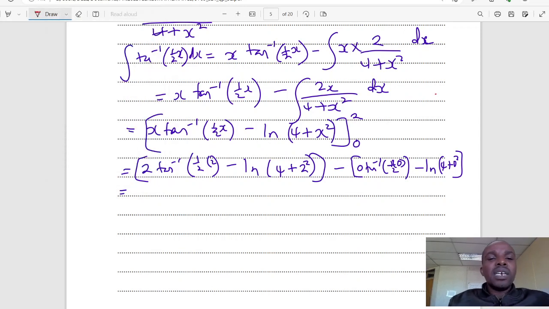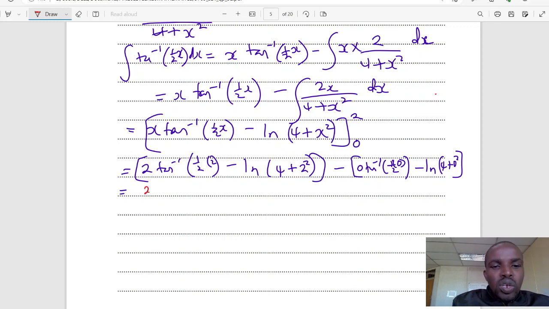Then let's simplify this part. So arctan, make sure your calculator is in radian mode actually. What is arctan of 1 in radian mode? Arctan of 1 is pi over 4.